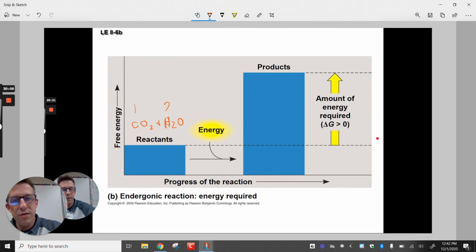There's one, two, there's two total reactants, than there are products. C6H12O6. There is one product.